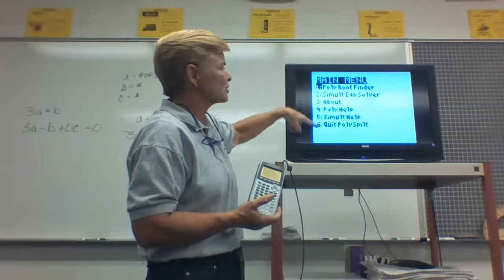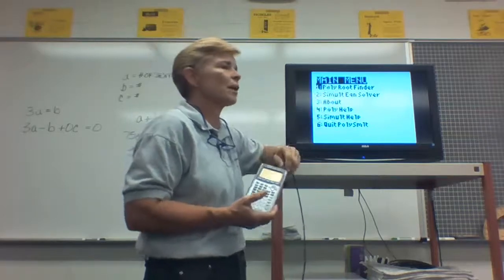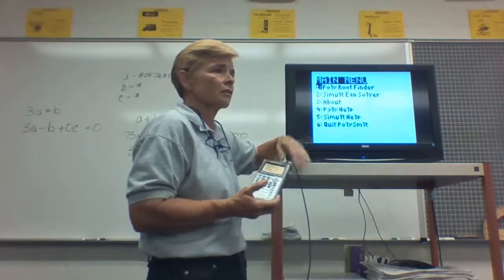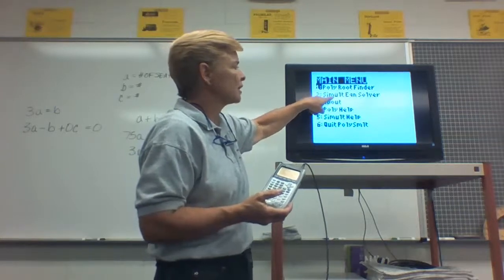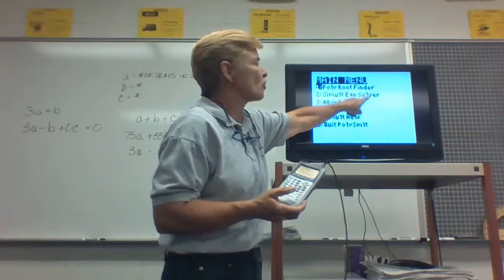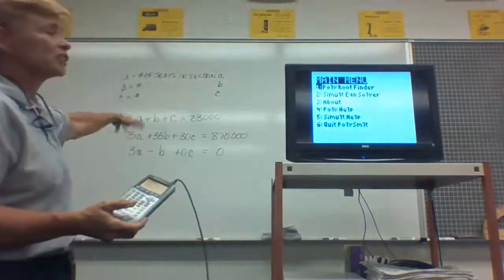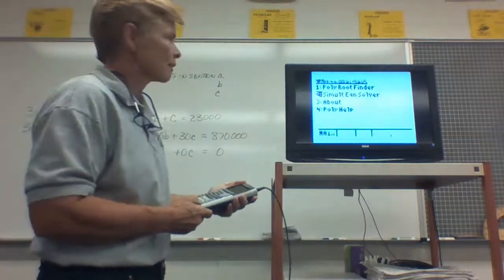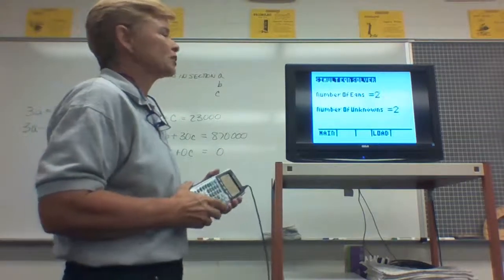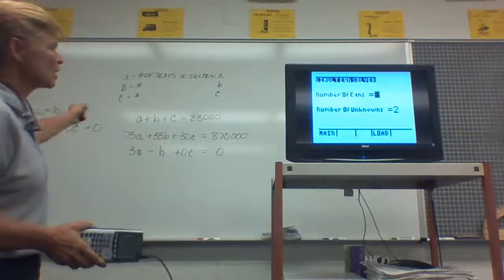And then you should have a list here of things that this particular app can do. Do you have this list? We want to use the simultaneous equation solver. That's what these are, simultaneous equations. So you go down to number 2, choose enter. And the first thing it wants to know is, how many equations do you have?